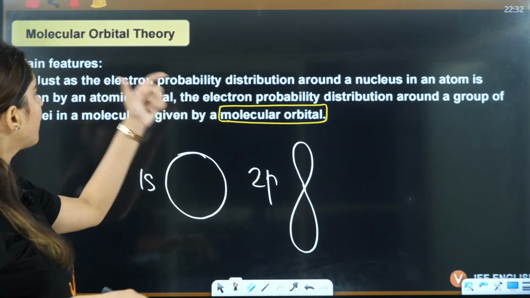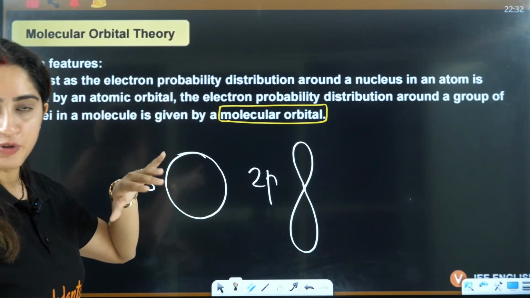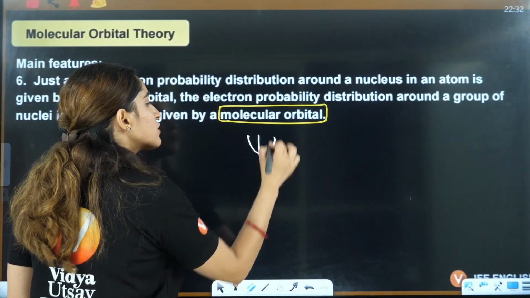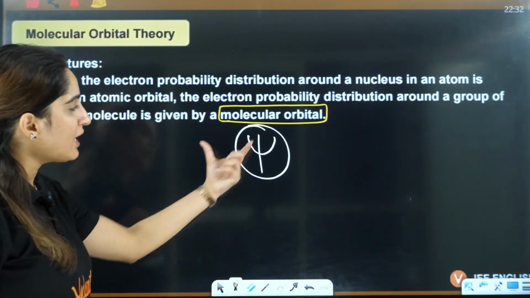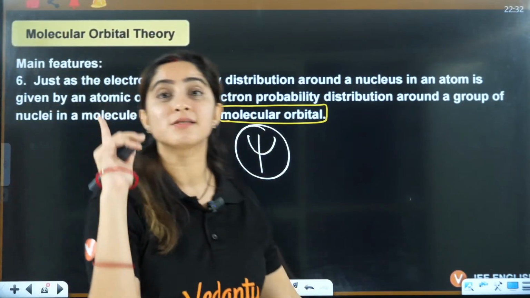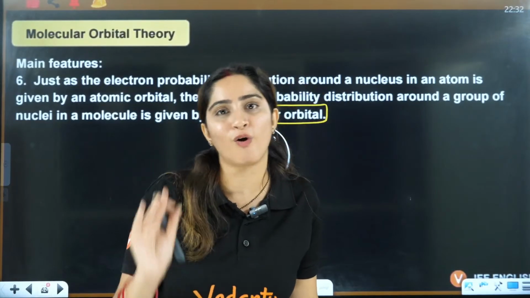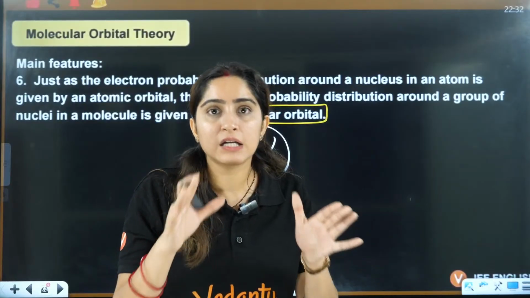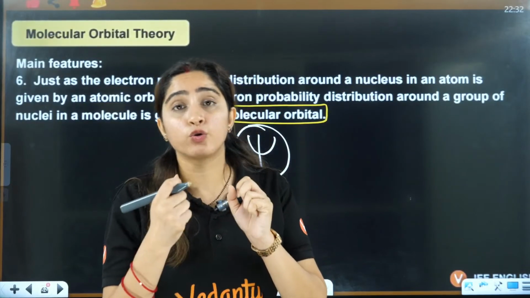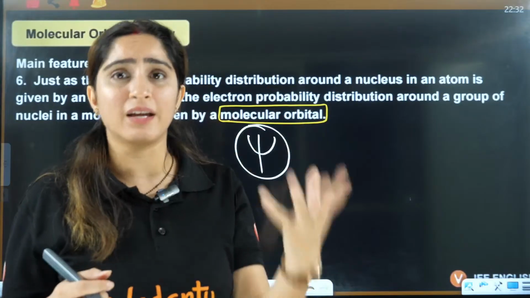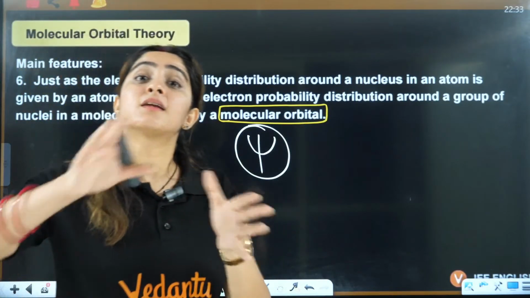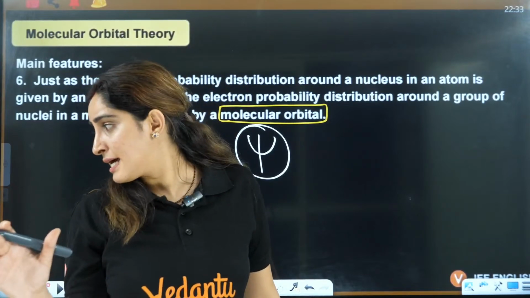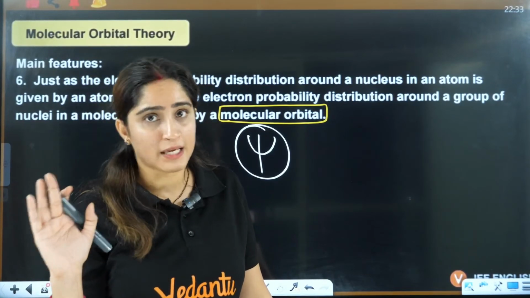Now it is given by electron probability distribution. Similarly, for molecular orbital also you have these wave functions, and these wave functions that we discussed in structure of atom, when we discussed atomic orbitals, are going to tell you where the electrons are located, whether it's spherical or a p orbital, a dumbbell shape, a double dumbbell shape, what kind of shape it has, right? That we already discussed, right?